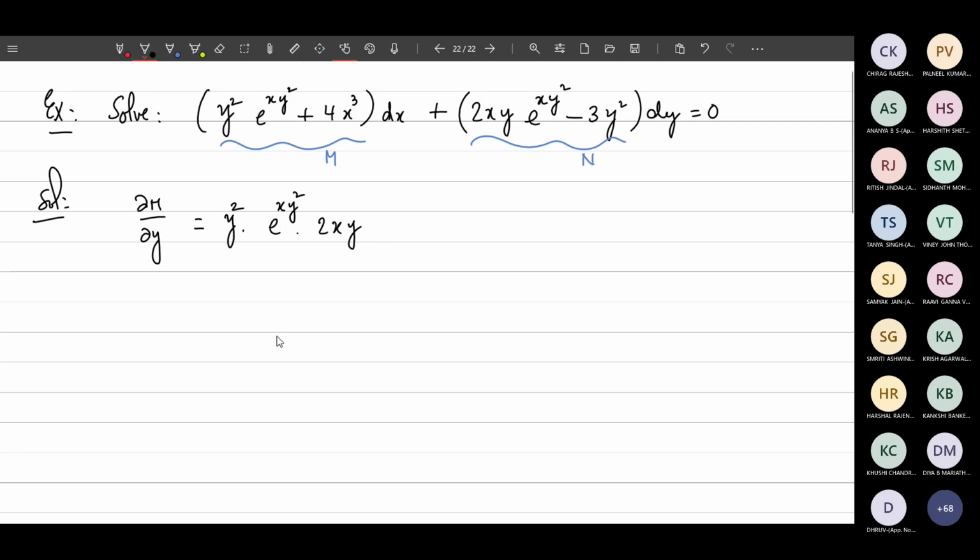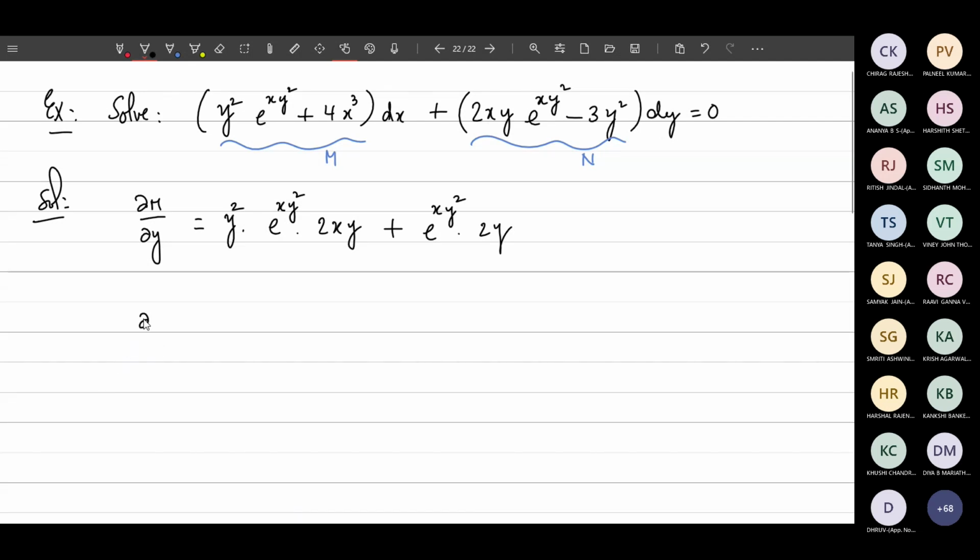Plus, you keep e power xy square as constant into the derivative of the first term, y square, that is 2y, that's all.